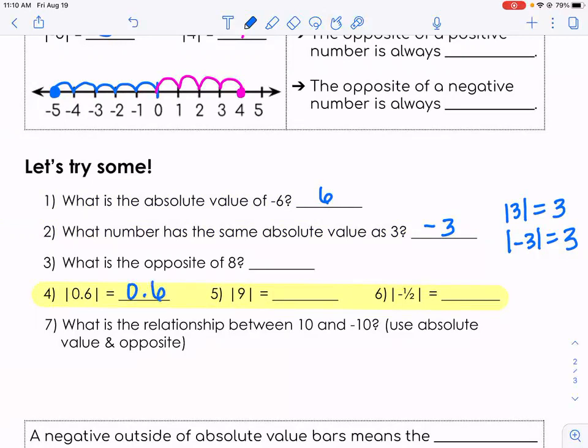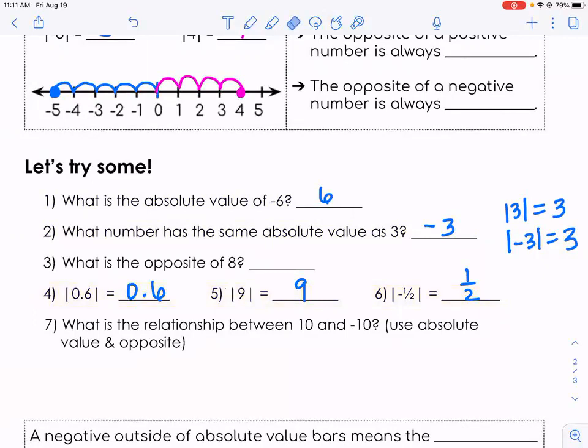Number 5, Olivia, what do you have? 9. And then for number 6. How about you have a seat? 1/2. Okay. Does anybody disagree with any of these 3 answers that were given to us? Okay, cool.